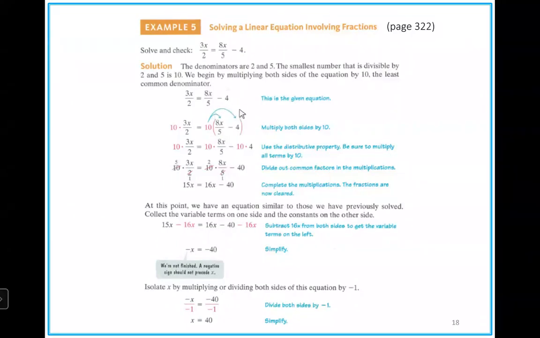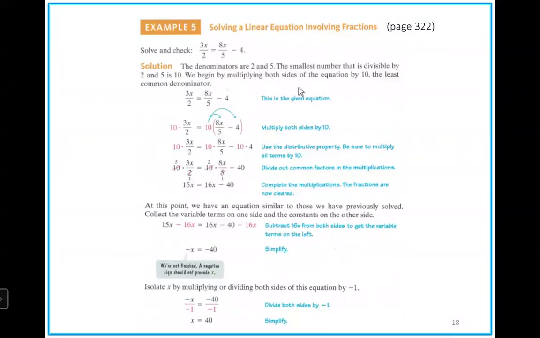The denominators are 2 and 5. The smallest number that is divisible by 2 and 5 is 10. You could use a bigger number like 20 or so, but you just end up with more working. So that's why it's good to find the smallest number that is divisible by 2 and 5, which would be the lowest common multiple.